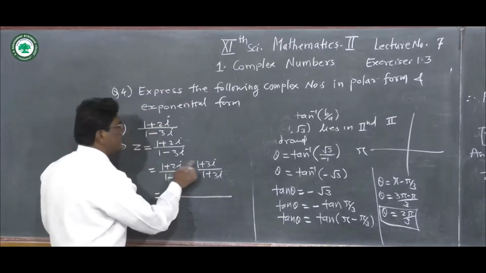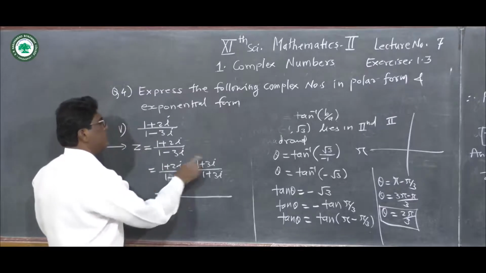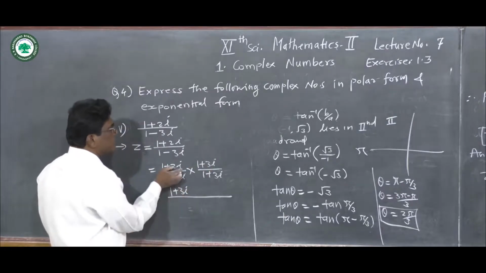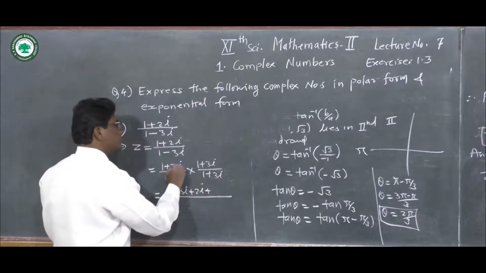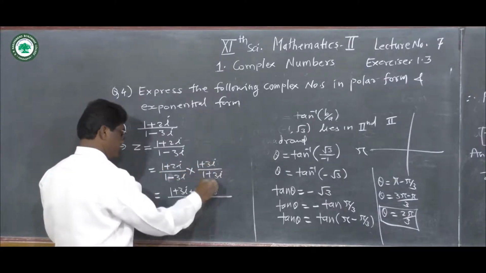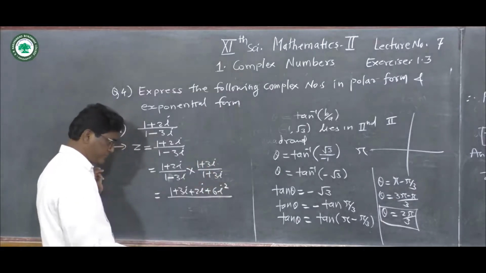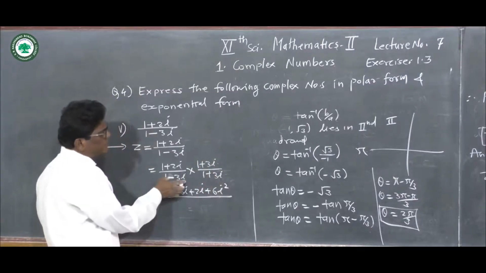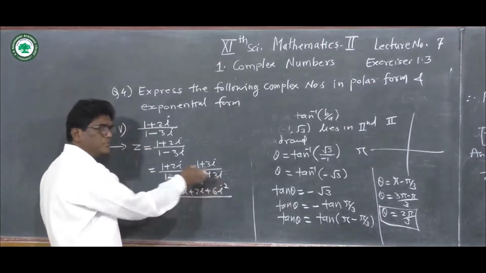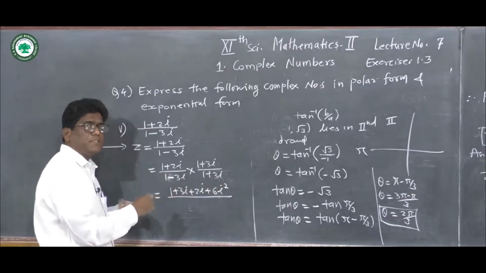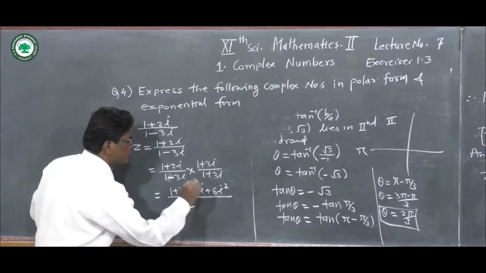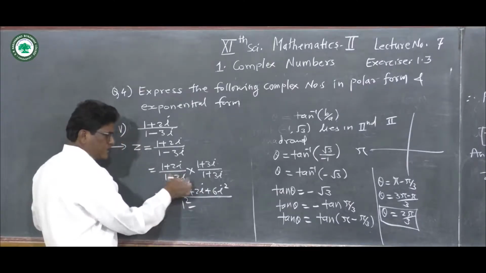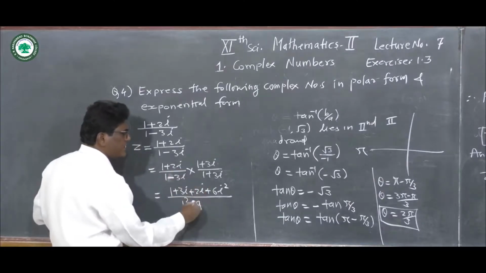So we get 1 into 1, that is 1, plus 1 into 3i, 3i, plus 2i into 1, 2i, plus 2i into 3i, 2 threes are 6, i into i, that is i square. Now here 1 minus 3i and 1 plus 3i, again use here a minus b, a plus b, that is a square minus b square.